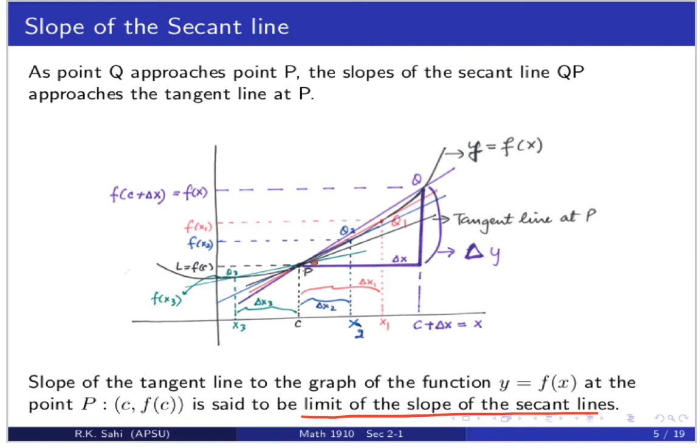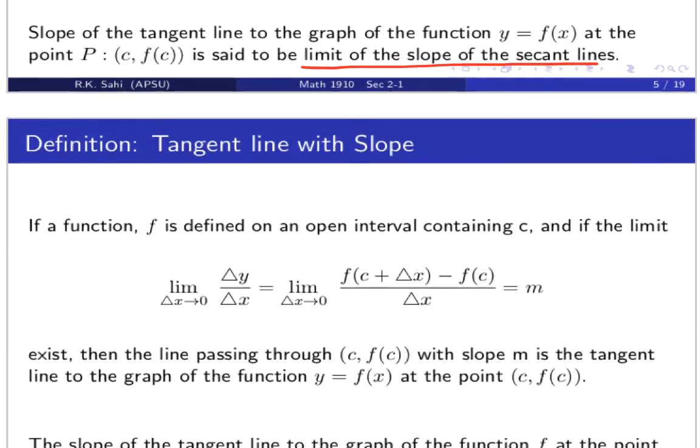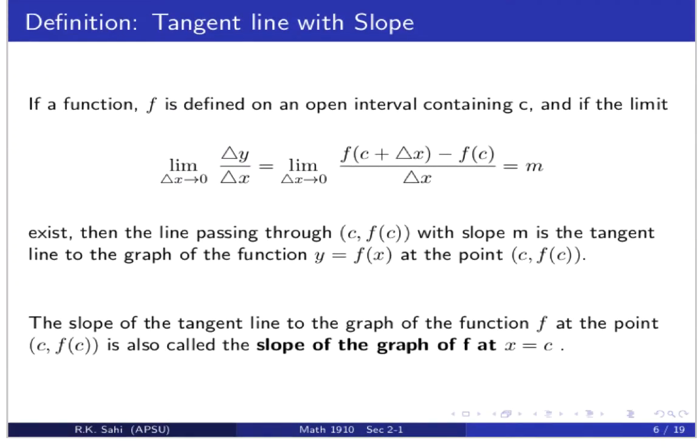So now we're going to come to this definition of a tangent line with the slope. Once again, we're going back to the things we defined in Chapter 1, but we're just going to give a little new name here.